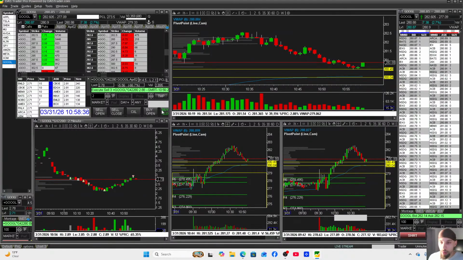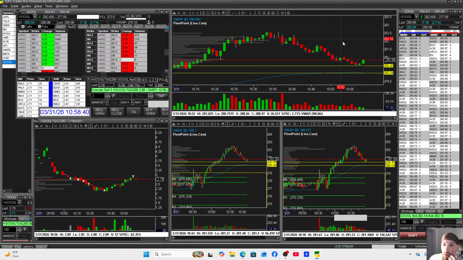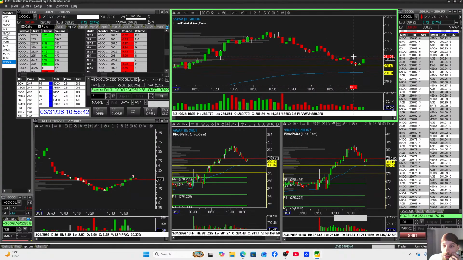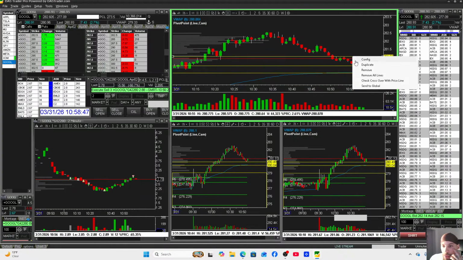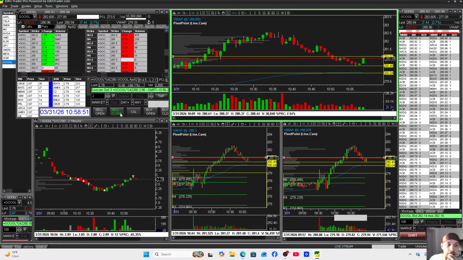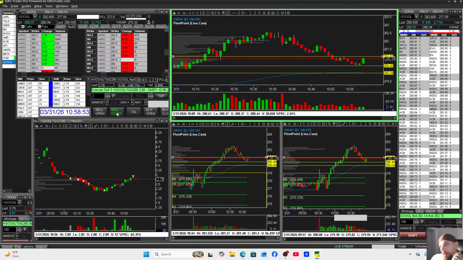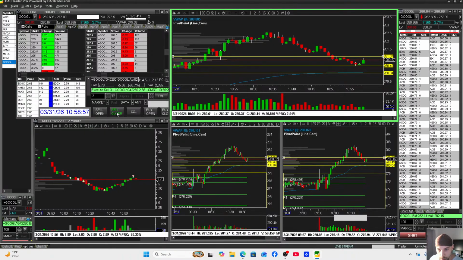So stock's trying to bounce here. Looks like it is going to bounce. If we claim that level there, I'm all out. If we can't claim that, I'm still in.